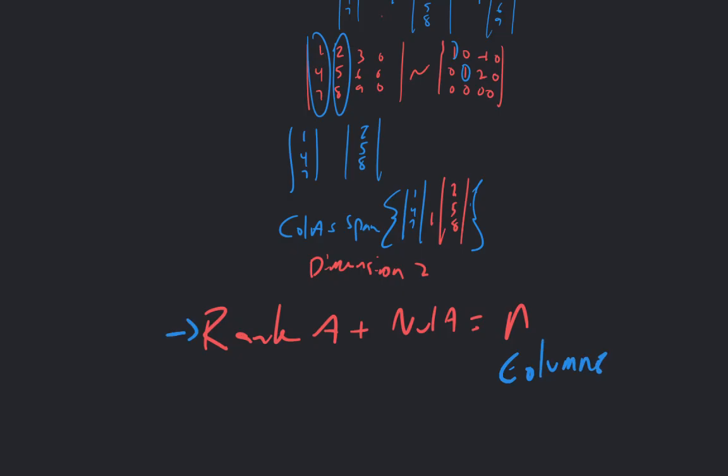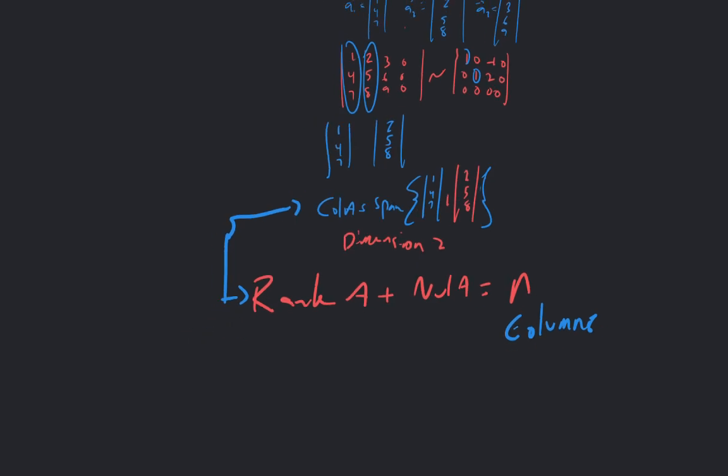The rank of A is the dimension of the column space of A. Because we had 3 columns, and the nullity of A was 1, plus the rank of A was 2, this is true, so we did something right.